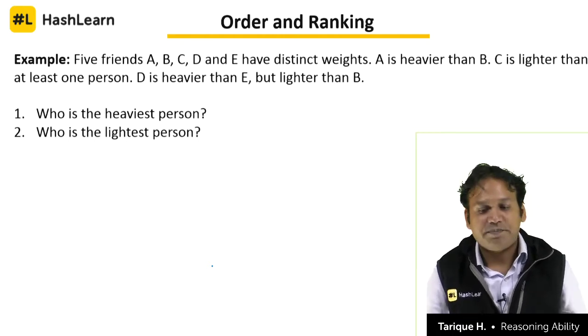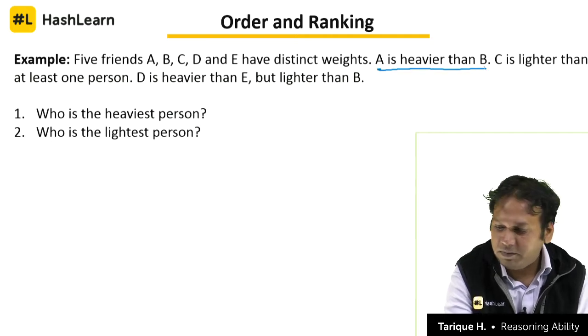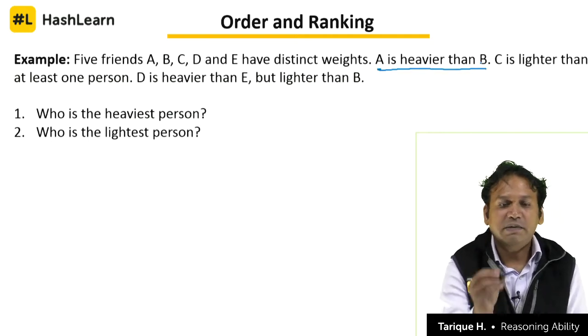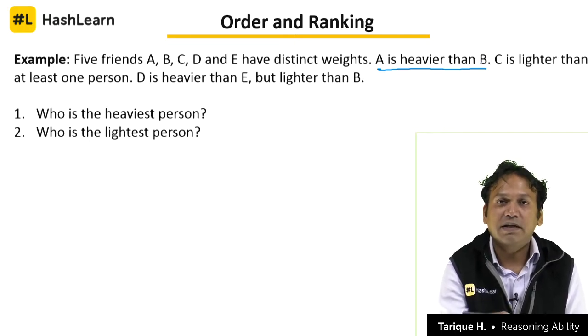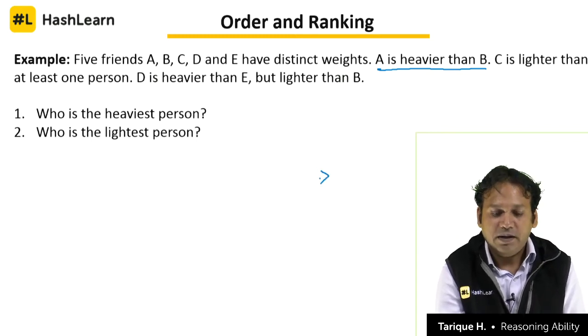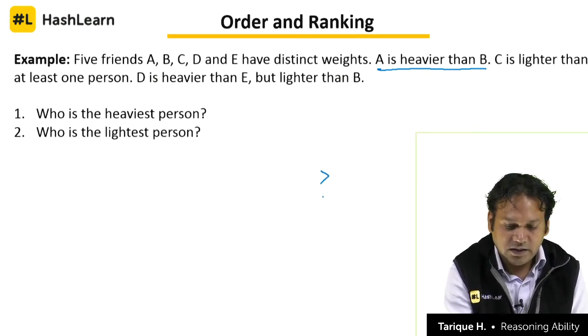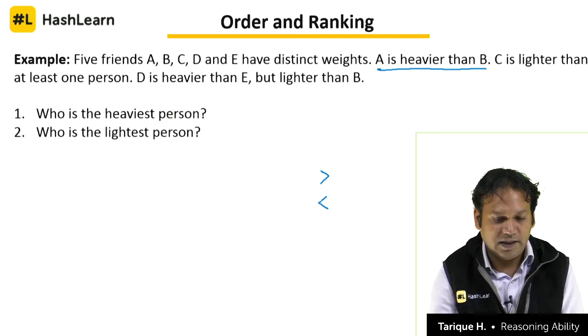Let's see. So when we say A is heavier than B, it's a very simple way of representing it using the mathematical inequalities. So let's look at the inequalities first. First is the greater than inequality, right? Next is the less than inequality. So mainly we'll be using these two inequalities here, greater than and less than.